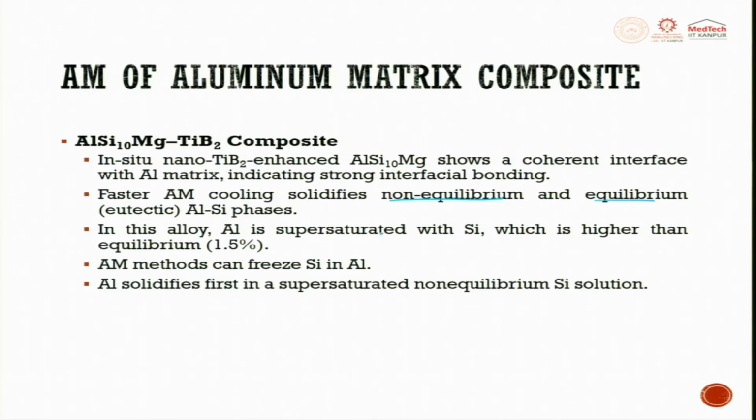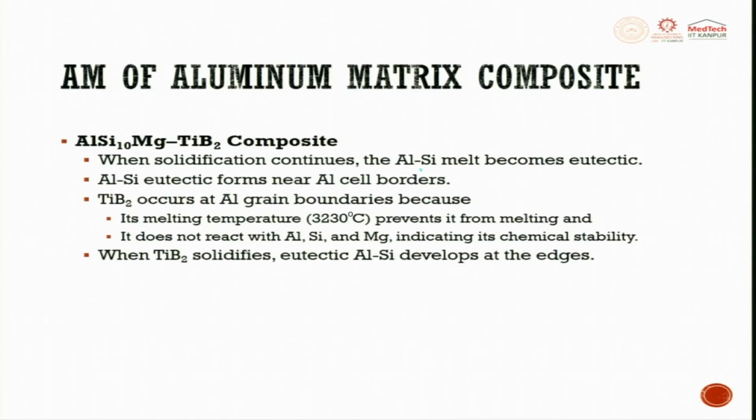In this alloy, Al supersaturates with Si, which is higher than the equilibrium of 1.5%. The AM method freezes Si in aluminium. Al solidifies first in the supersaturated non-equilibrium Si solution. When the solidification continues, the AlSi melt becomes eutectic.